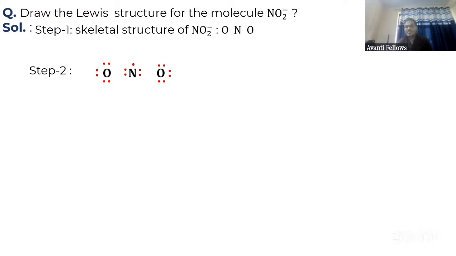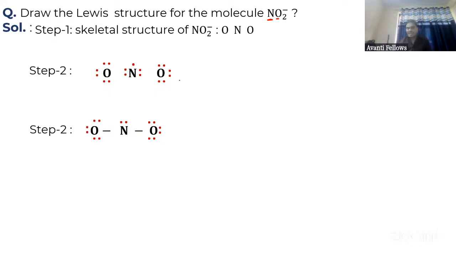Here we have one nitrogen atom and two oxygen atoms. ध्यान रखना इसको. So this is N, this is O, and this is again O.